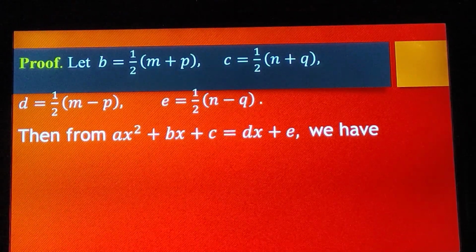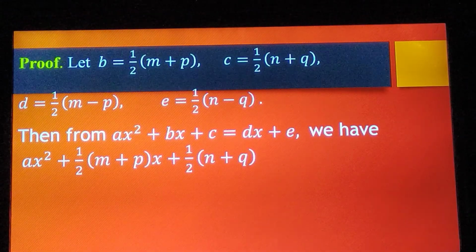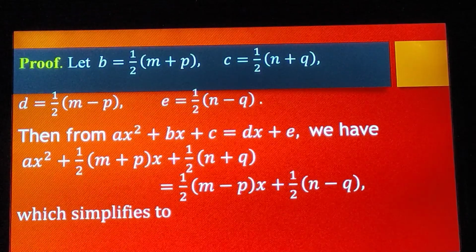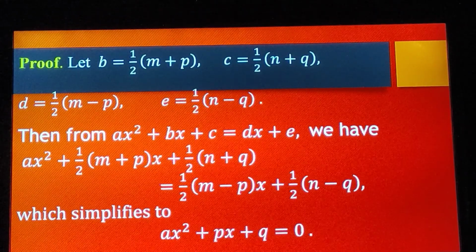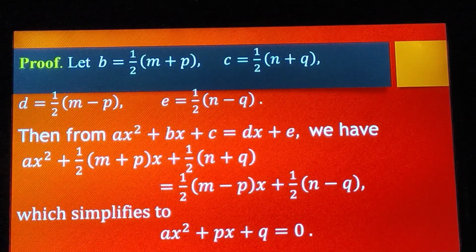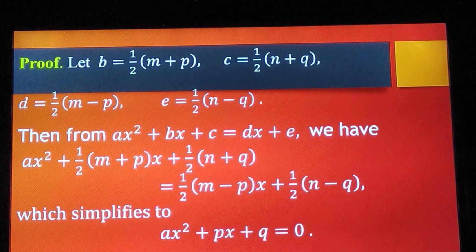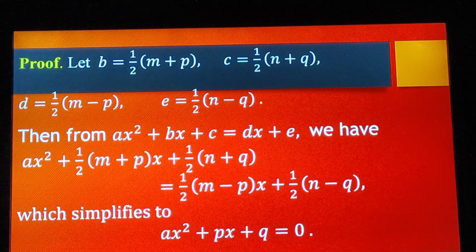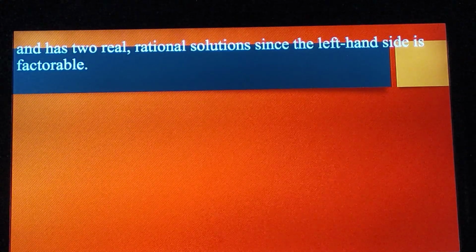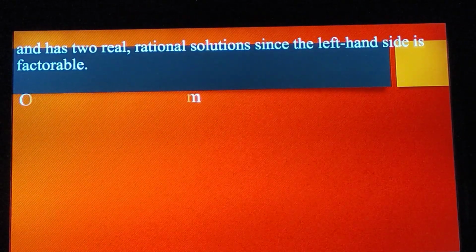Then from ax squared plus bx plus c equals dx plus e, we have this expression on the left side and this expression on the right hand side, which simplifies to ax squared plus px plus q equals 0. The left hand side expression being one of the given factorable quadratic expressions in the theorem. And this equation has two real rational solutions since the left hand side is factorable.